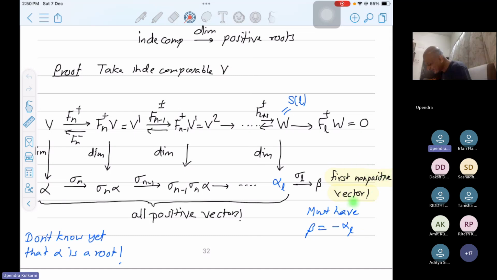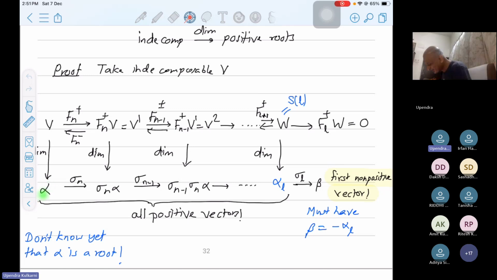It was only that which allowed me to say that this is a non-positive vector. Remember, I'm confusing two different proofs. Let's look at the last one.